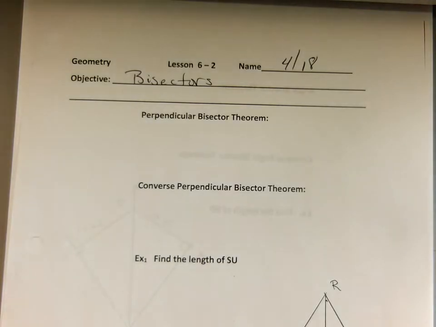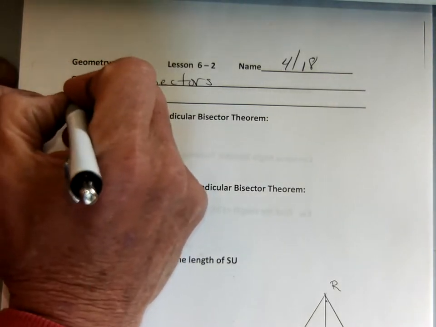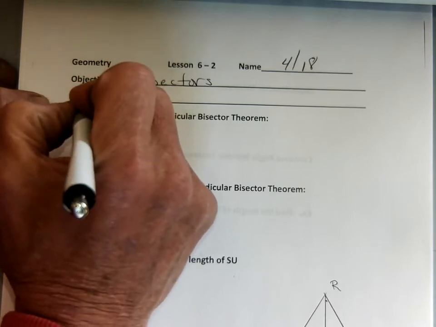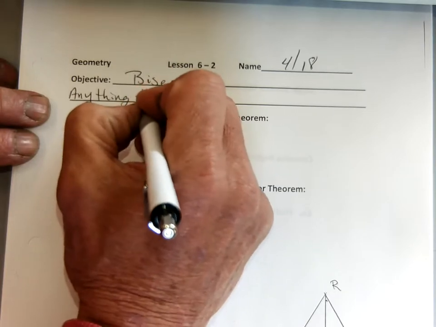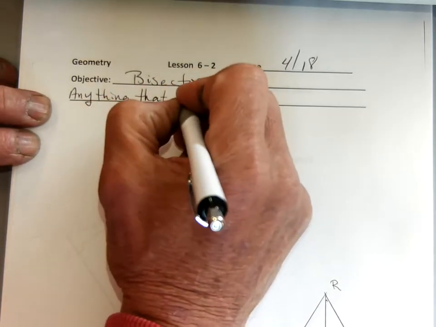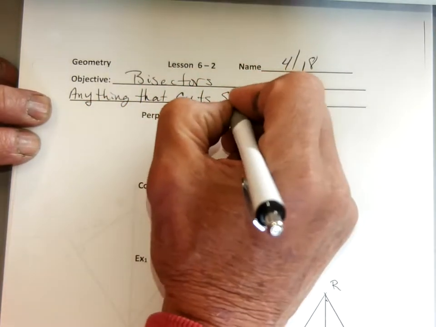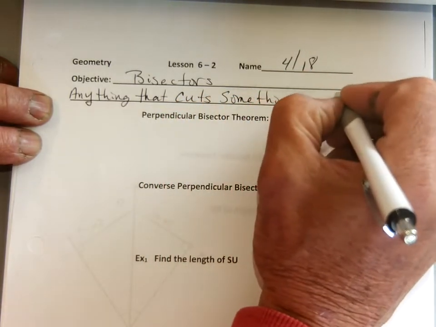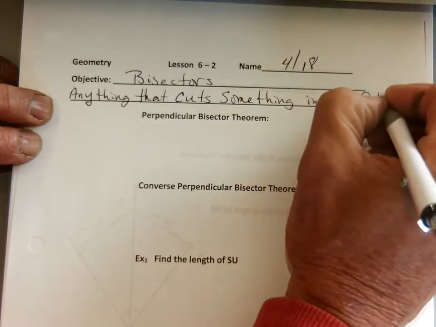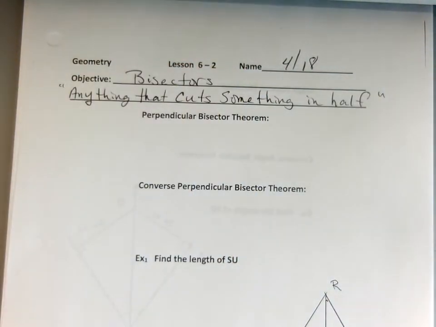A bisector is anything, when we say anything, we're talking about geometry things, anything that cuts something in half. Now that's the regular words for it, but then we'll use more mathematical words as we do this, okay? So anything that cuts something in half.